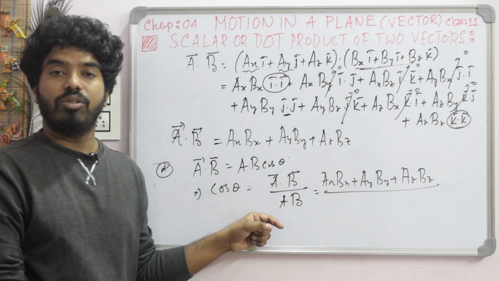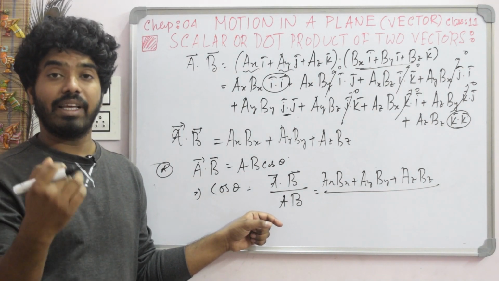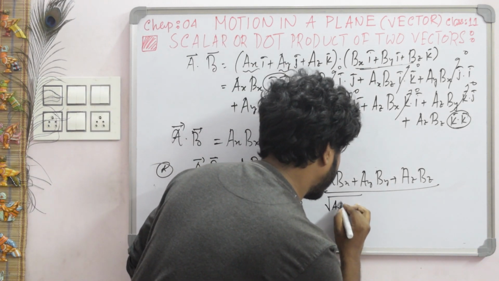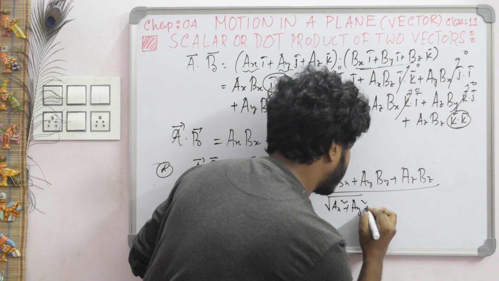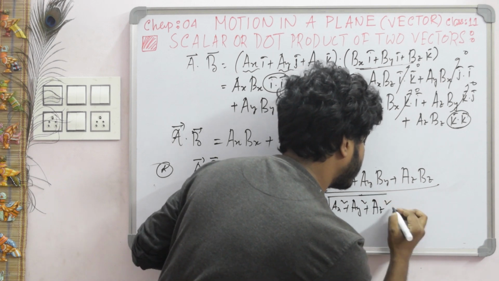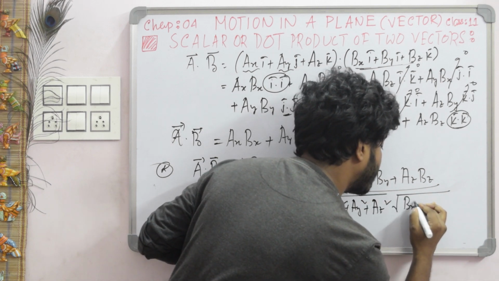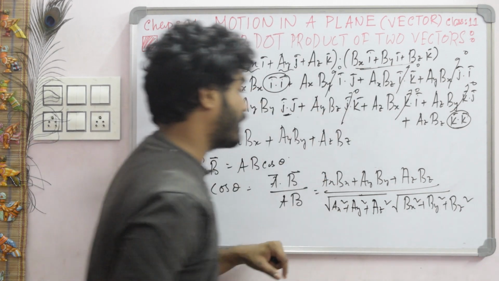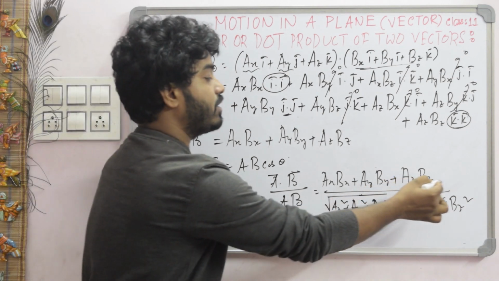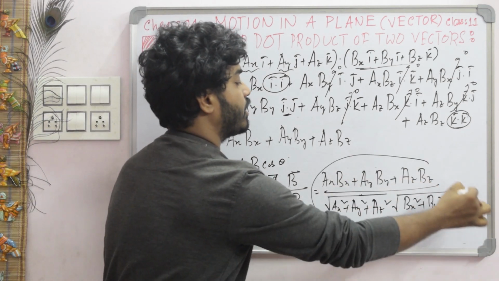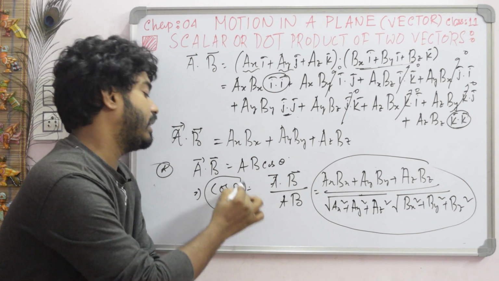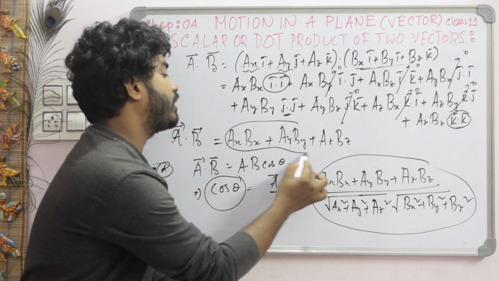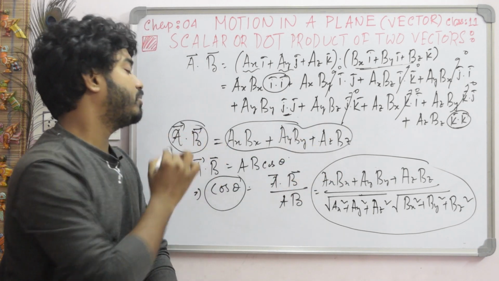A is the magnitude of the vector, represented by root under ax square plus ay square plus az square, and the value of b is root under bx square plus by square plus bz square. So with the help of this equation we can find cos theta, the angle between two vectors, and we can also find the dot product of two vectors.